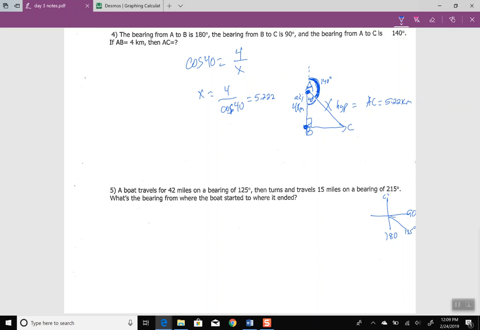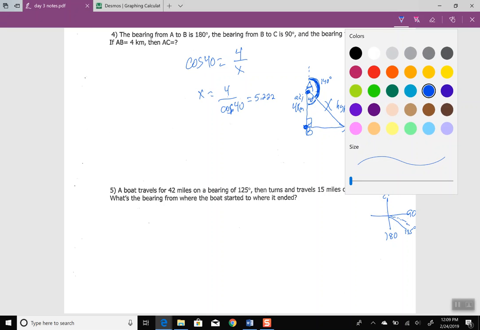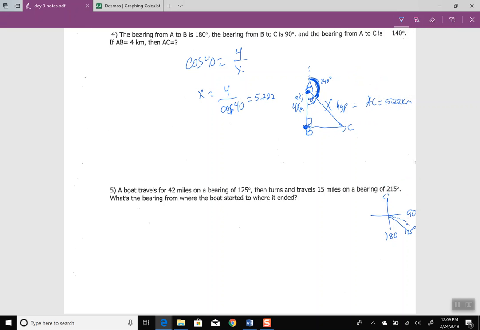So 125 is going to be something like that. So the boat travels in that direction.